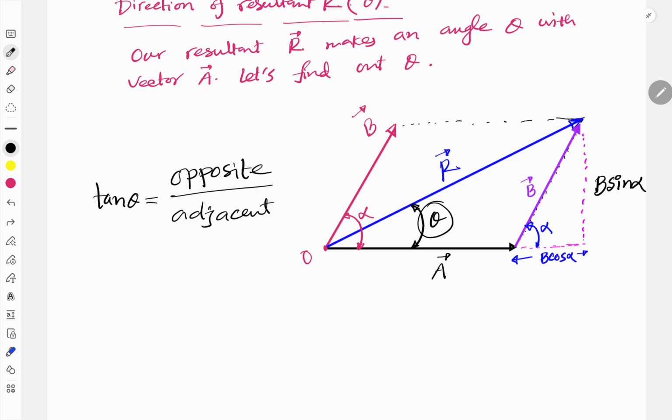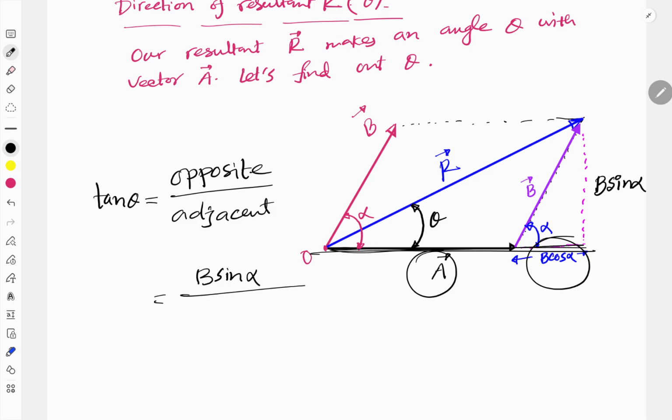Opposite is simply b sine alpha, and my adjacent is this side right here, which is a plus b cos alpha. The whole length is a plus b cos alpha, right? So that's it. That's the direction that you have to find out.